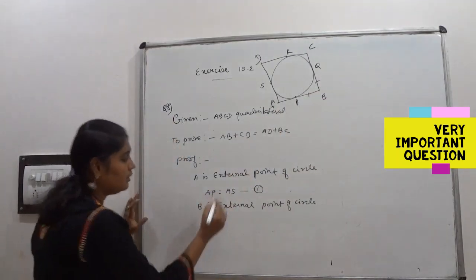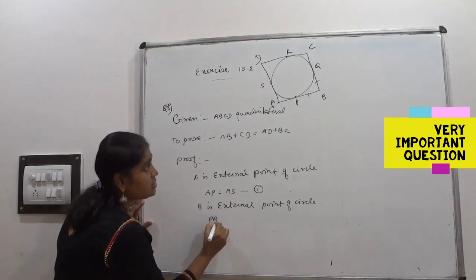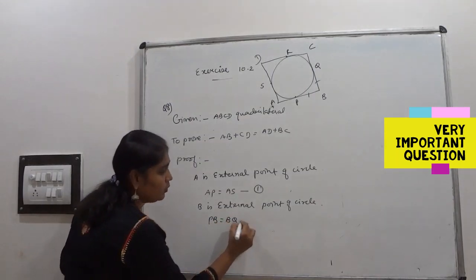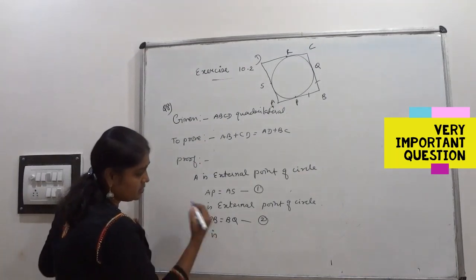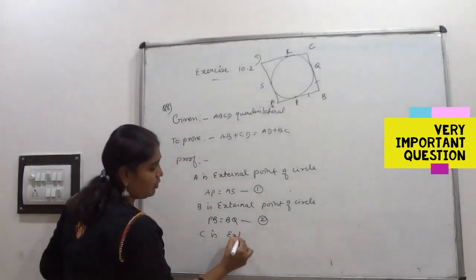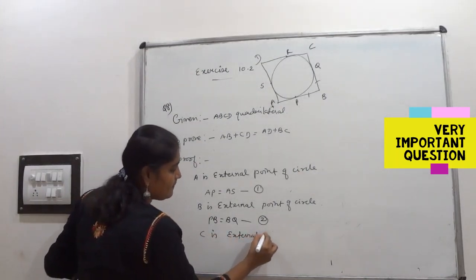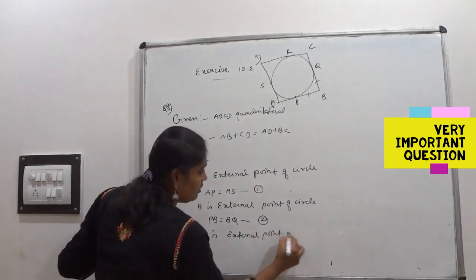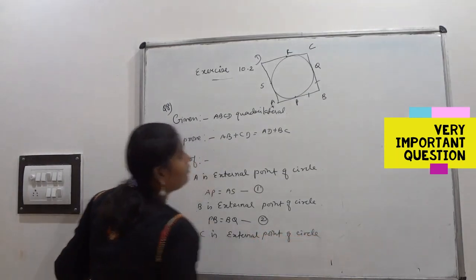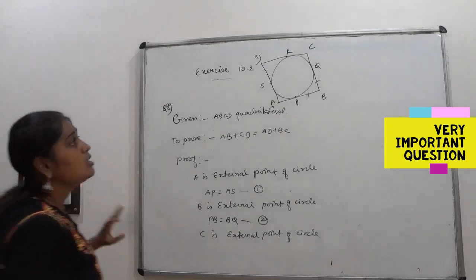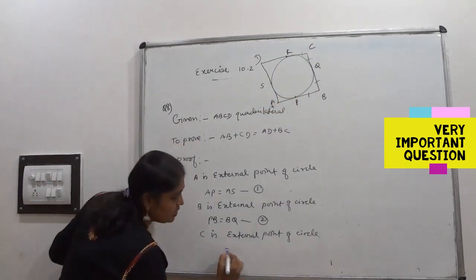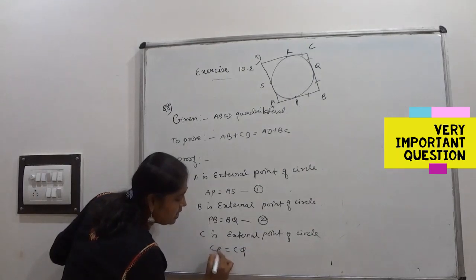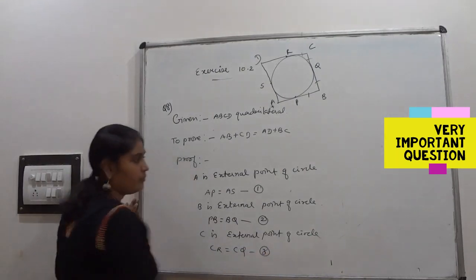So write it here, BP equal to BQ, equation number 2. Then as like C is external point of circle, we can write CQ equal to CR. So CQ equal to CR, equation number 3.